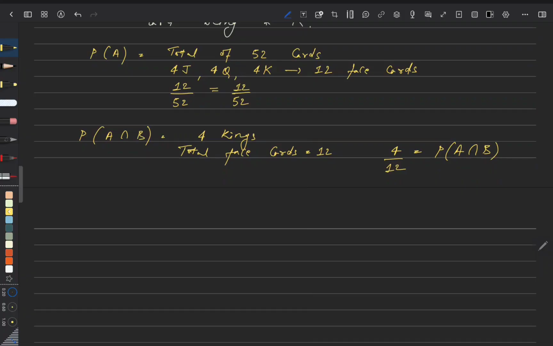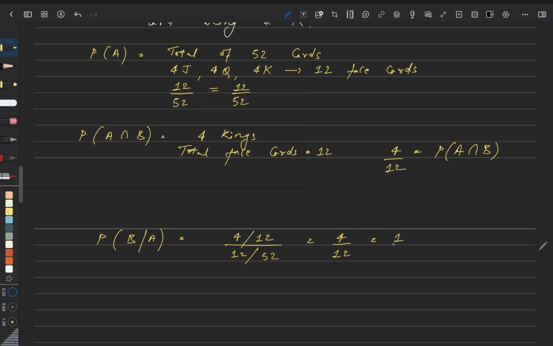So what is the conditional probability of B given A, given that you have drawn a face card, it is a king? By the formula, it is P of A intersection B, which is 4 by 12, over P of A, which is 12 by 52, that gives us 4 by 12.